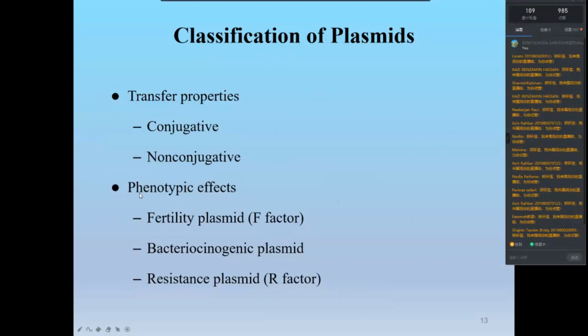And if they can contribute to some phenotypic effects, I mean the plasmid can provide some phenotypic change, then based on this, the plasmid can be a fertility plasmid, or F factor, what we learned before, or a bacteriocinogenic plasmid, or a resistance plasmid.